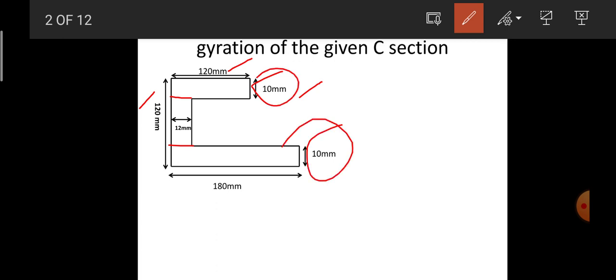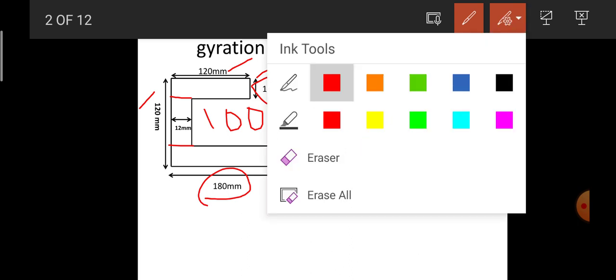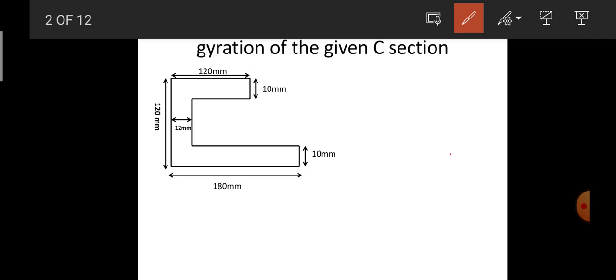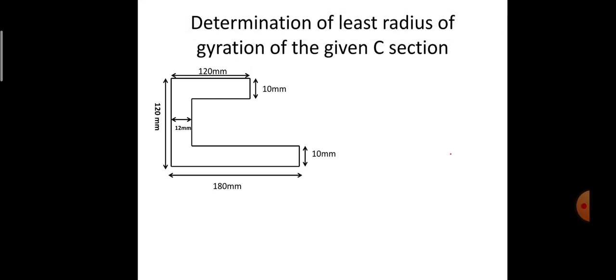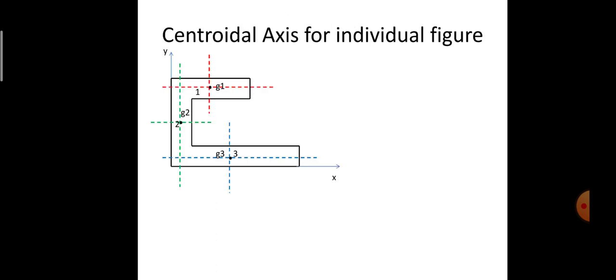So the web part depth is equal to 100 mm, 120 minus 20 will be 100 mm. And then the width is equal to 12 mm. The bottom flange width is equal to 180 mm, and its depth is equal to 10 mm. So we are supposed to determine the least radius of gyration for this given C section.